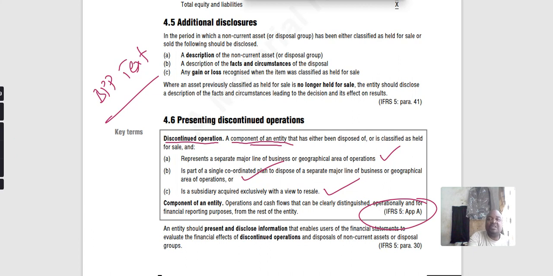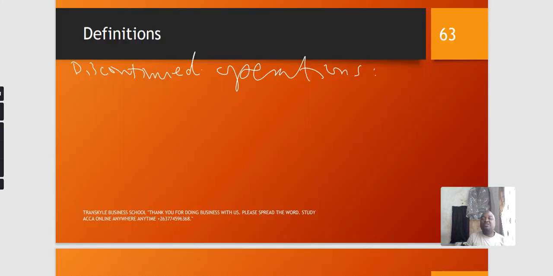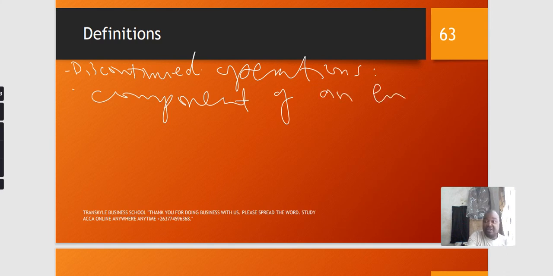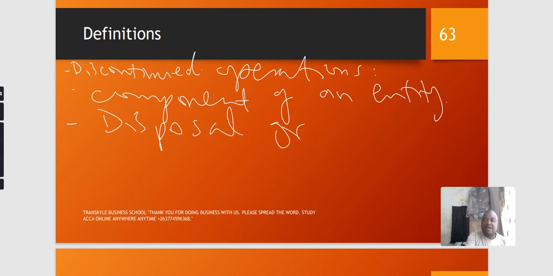So these are the major definitions which we needed. We talked about discontinued operations and the component of an entity. There is also this particular definition which is going to hound us, a disposal group.